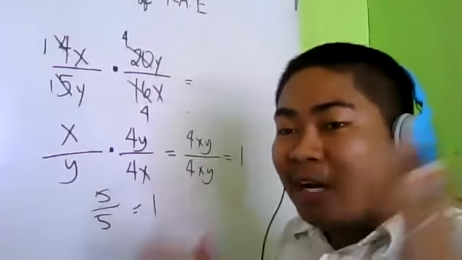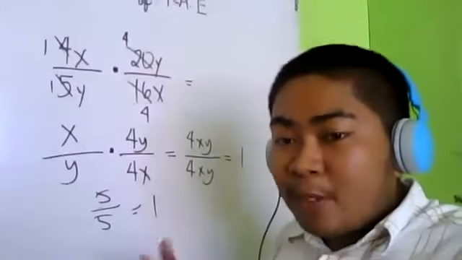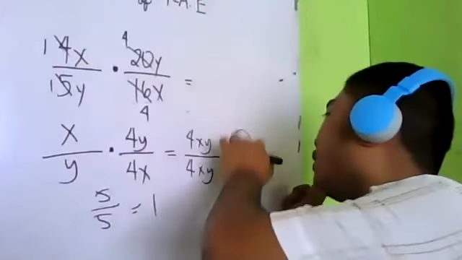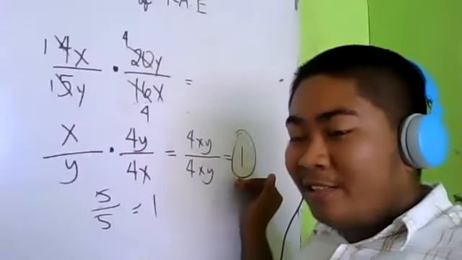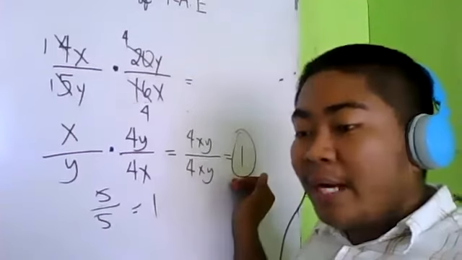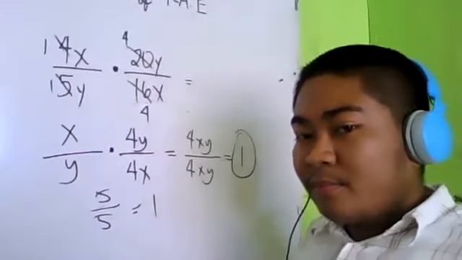So, basta magkaparehas ang numerator and denominator, that would be equal to 1. Kaya ang sagot lang natin dito is 1. Okay? So ito na yung product natin, 1. Nakuha? Opo.